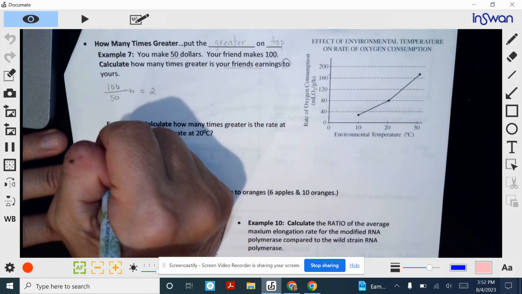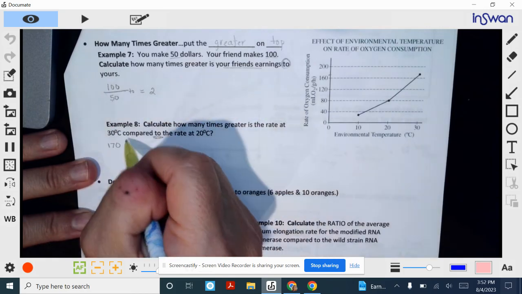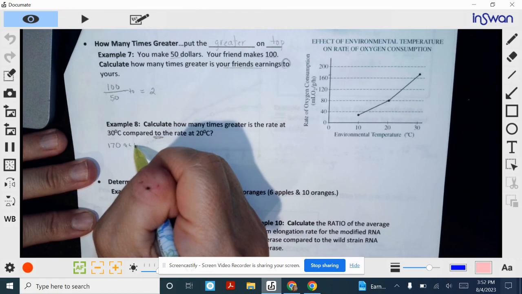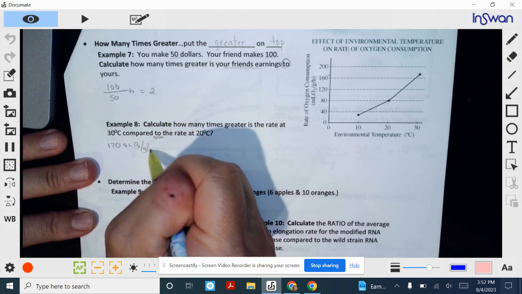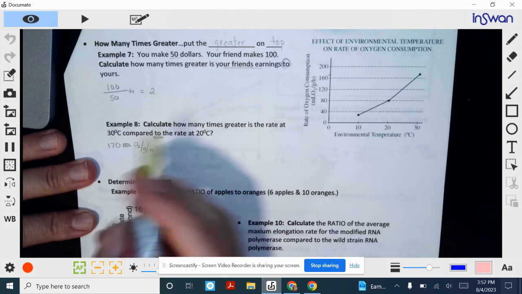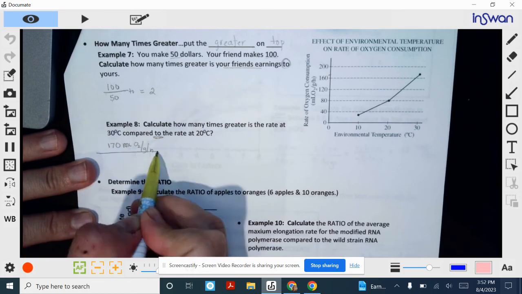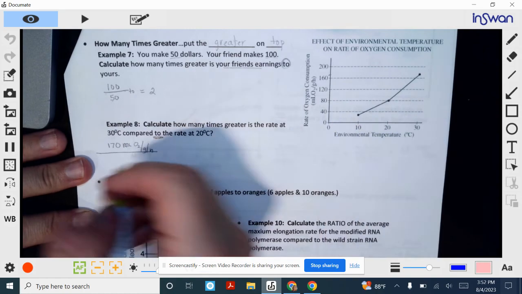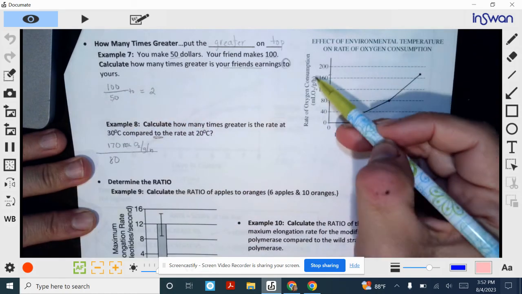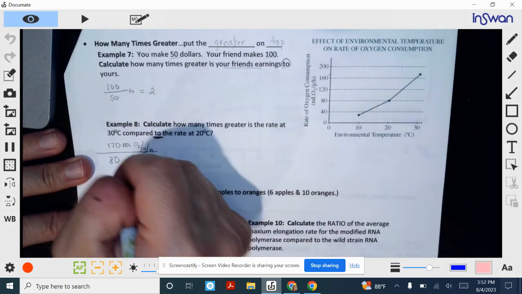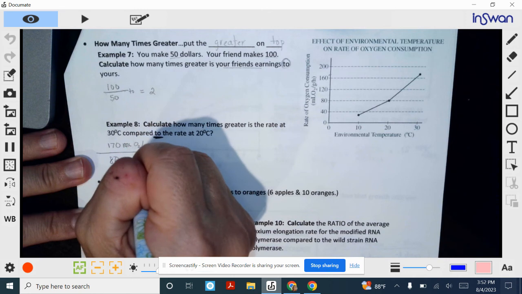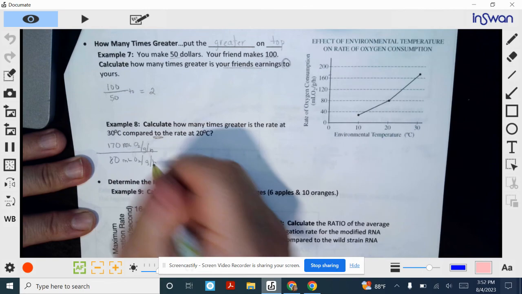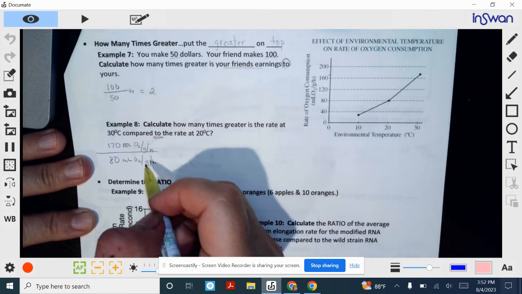So 170 milliliters of O2 per gram per hour, what that is, okay? And then at 20, well, that one was easy. It was right there at 80. So 80, there's my units for that 80 number again. Milliliters of O2 per gram per hour. Okay? All right.